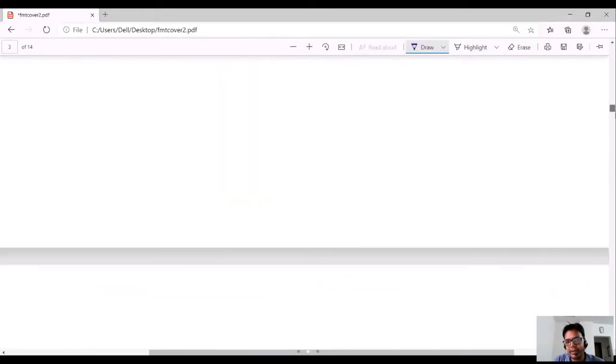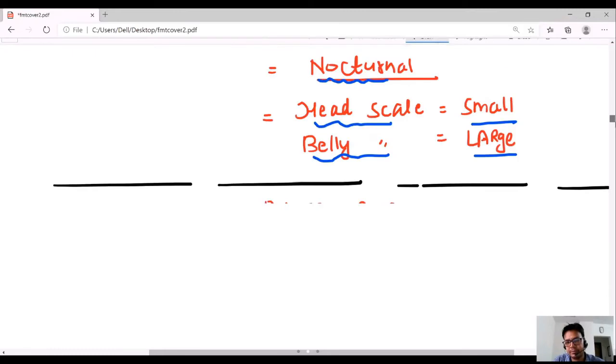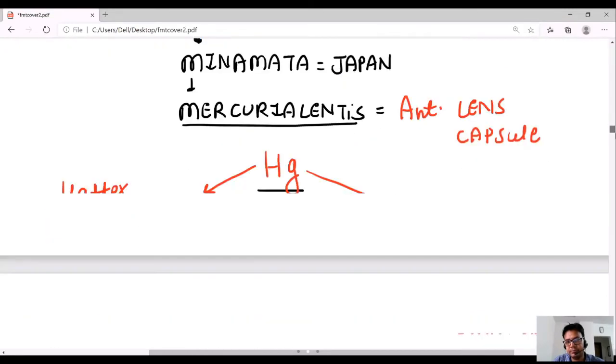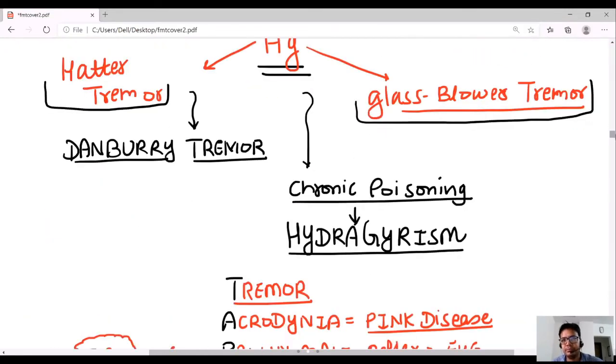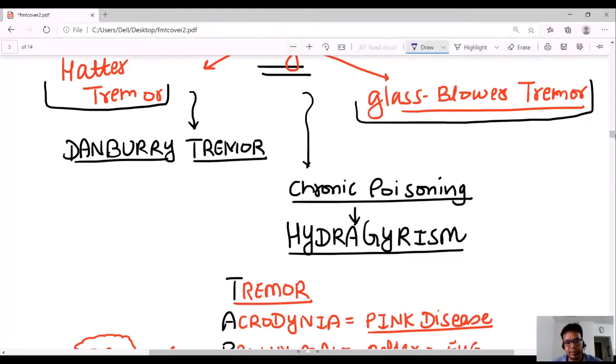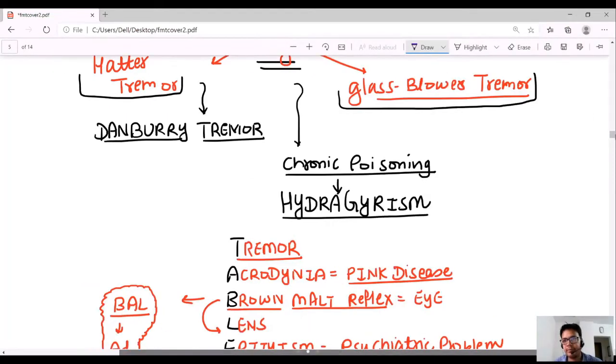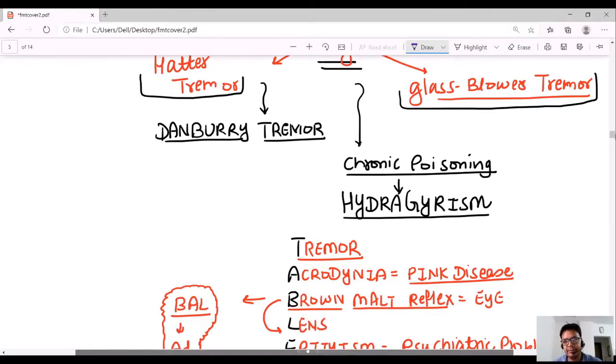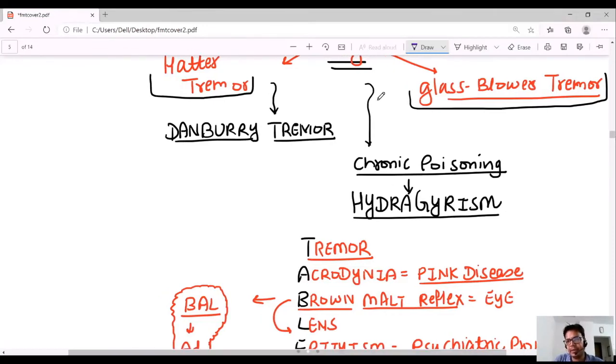Now you can see how to remember. Hg is the symbol for mercury.